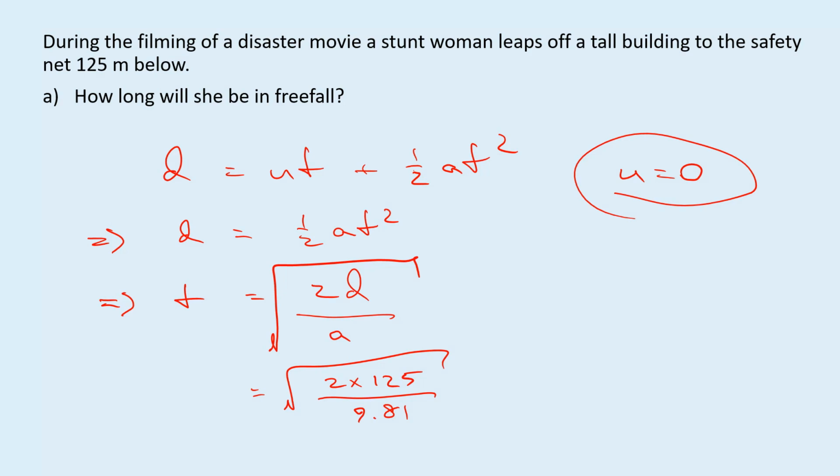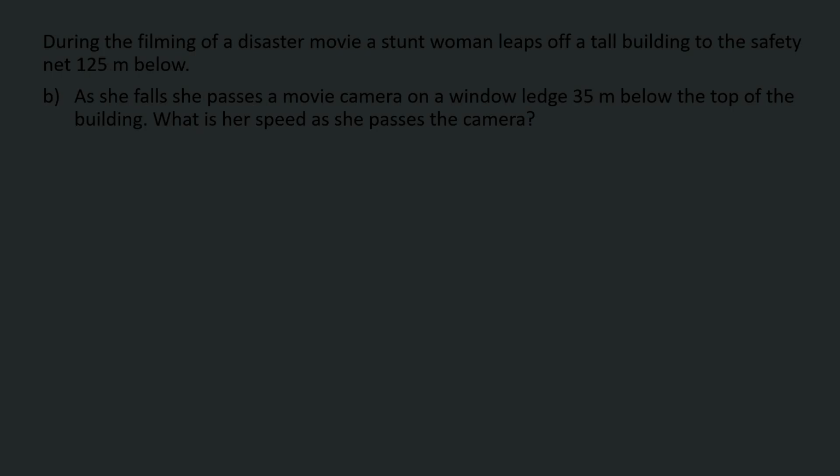This will give us the time, and so we calculate this, and she actually fell for 5.05 seconds. Now, she didn't actually fall for exactly 5.05 seconds. This has been rounded, so of course we have to show our rounding. In this case, I went to 2 decimal places, so it's 2 dp, says 2 decimal places that answer has been rounded to.